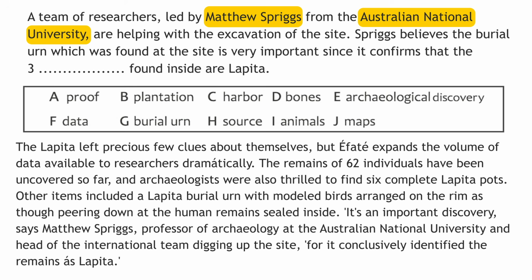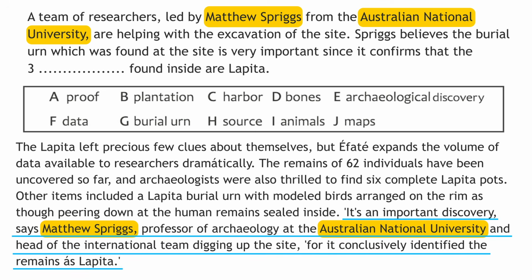So we scan the text to find 2 keywords, Matthew Spriggs and Australian National University. Here, in one paragraph, we find at the end of the paragraph the names Matthew Spriggs and Australian National University, so we read this sentence very carefully.